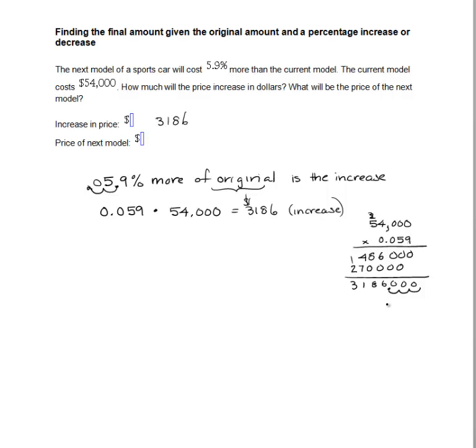Another way to have done this multiplication, let's just think about this before I work on the next part of the problem. I have 54,000 times 0.059. If I look at this number here, I can move my decimal place back 3 places, which means I can move my decimal place here 3 places.